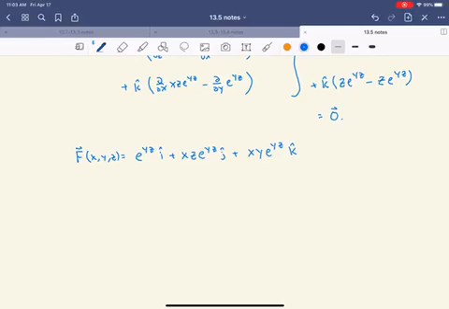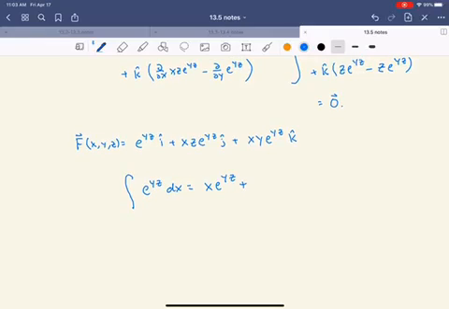So we're going to take the integral of e to the yz with respect to x. So that's going to be x e to the yz plus, now since we did the integral in x, we're going to have a function of y and z left.